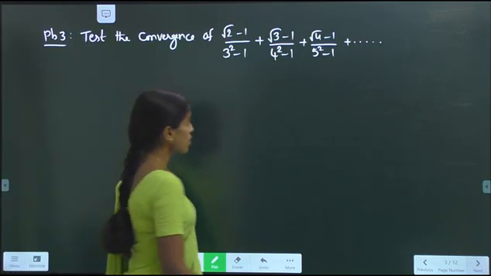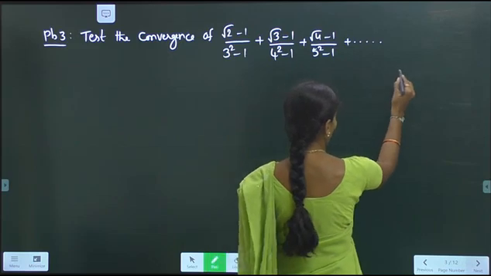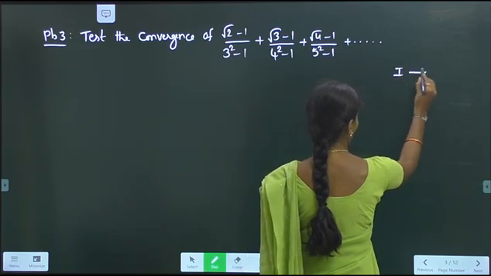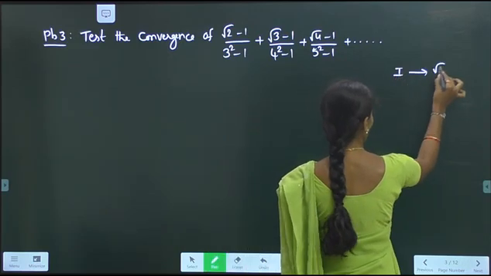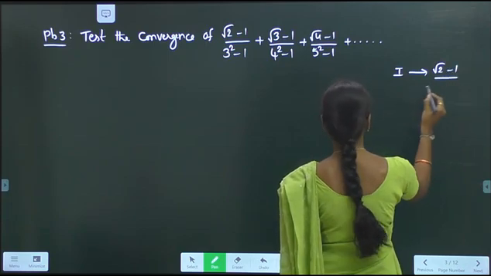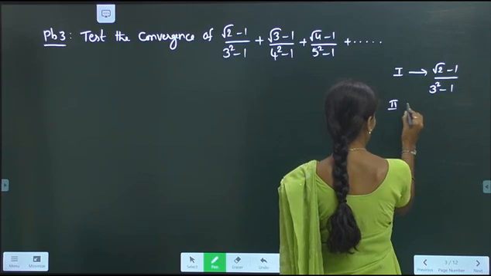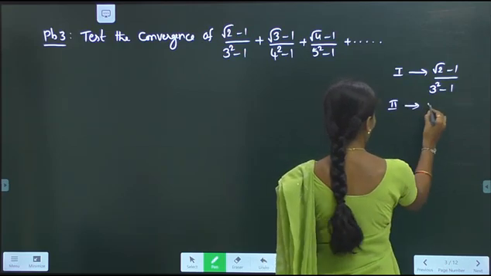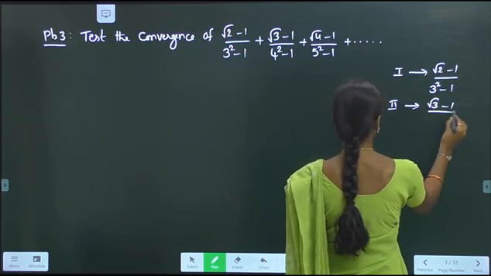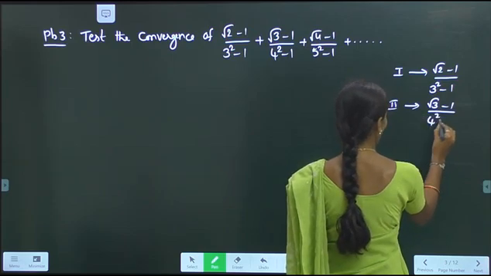So what is the first term here? First term is root 2 minus 1 by 3 square minus 1. Observe the pattern. Second term is root 3 minus 1 by 4 square minus 1.